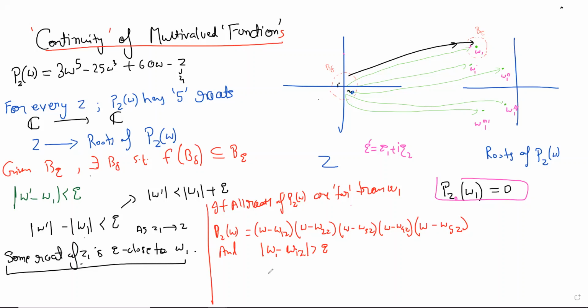Then what can we say? Can we say anything? This will imply that the modulus of PZ at W1 is more than epsilon to the power 5.